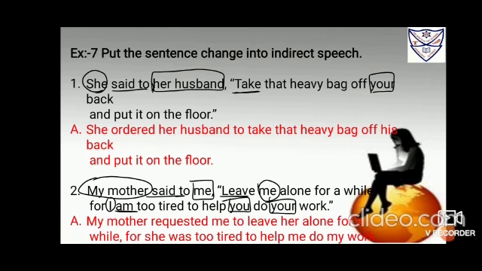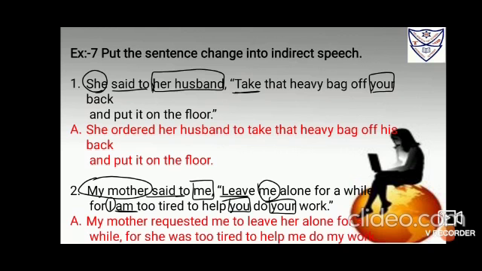So your back changes to his back, so it is she ordered her husband, because the reporting verb in imperative statements changes to please, pleaded, requested, ordered, commanded, like that, okay. So here she ordered her husband to take, okay. When you use infinitive to, the verb comes in its root form, so it is to take that heavy bag off his back and put it on the floor.